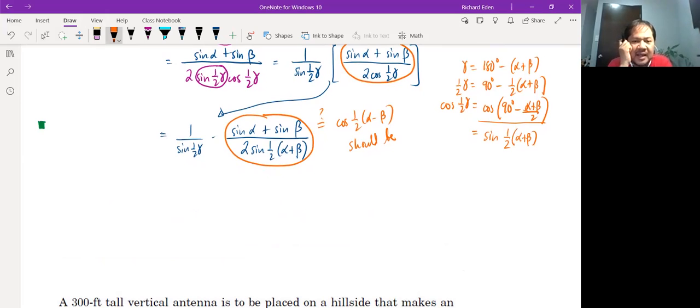Kasi kailangan mag-cancel nung, if you look at the denominator, dapat mawala ng denominator, di ba? Opo. Dapat mawala ng denominator. So dapat mag-cancel siya. So dapat nung half of alpha plus beta, mag-appear siya sa numerator.